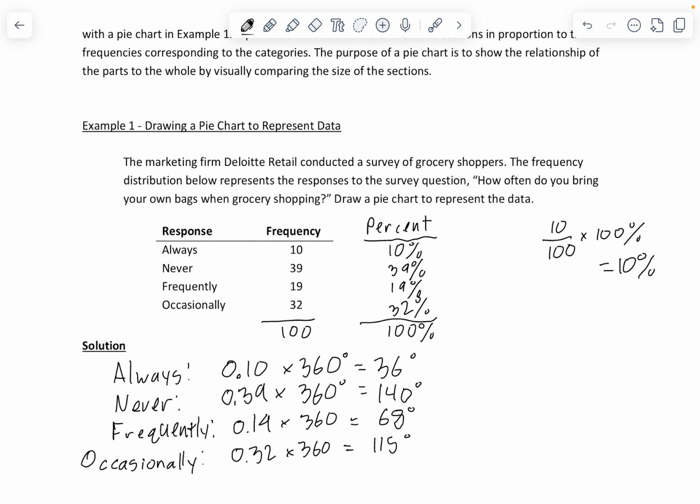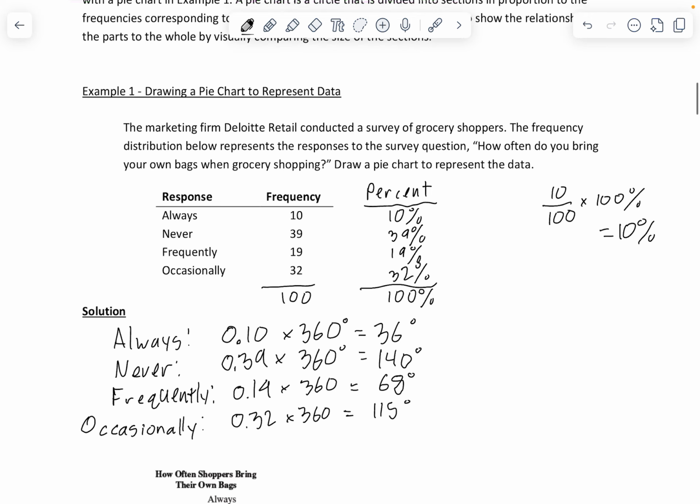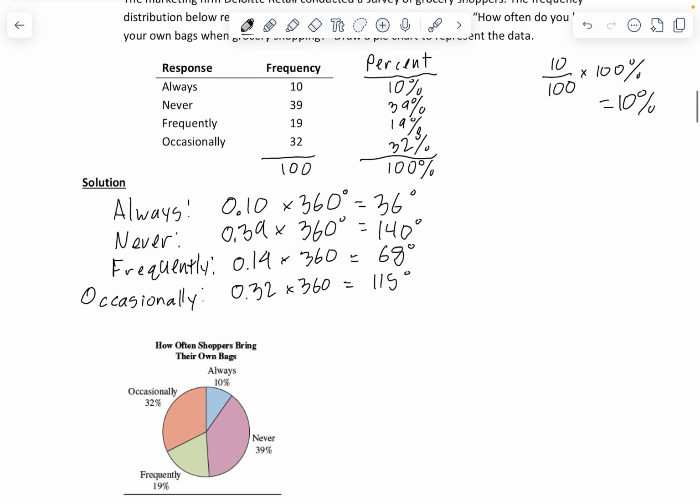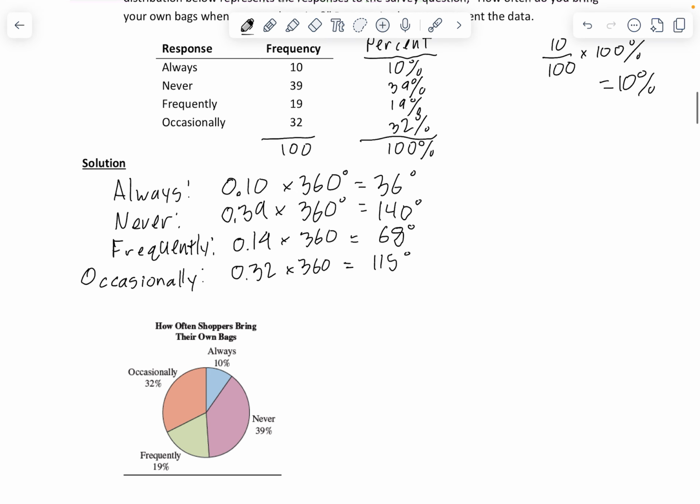So now that you have the number of degrees corresponding to each slice, you can use a protractor, if you're sketching this by hand, to measure out the size of each slice. Your final result, though, is going to look like this picture right here. The largest slice here is never, which is 140 degrees.